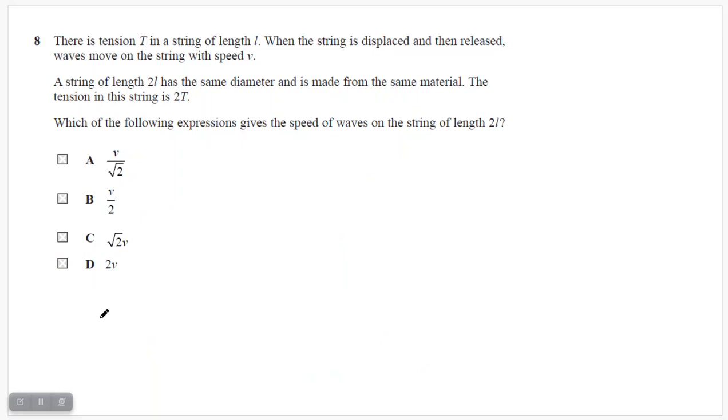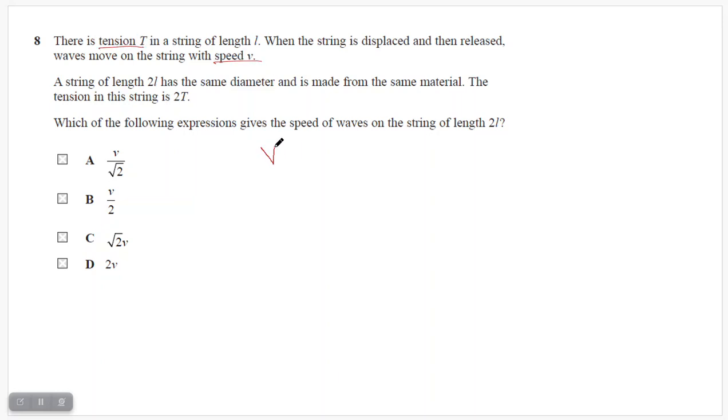Next, there is tension T in a string of length L. When the string is displaced and then released, waves move on the string with speed v. So just by looking at this, you recall this is a question related to standing waves. And how is tension and speed on a standing wave related?